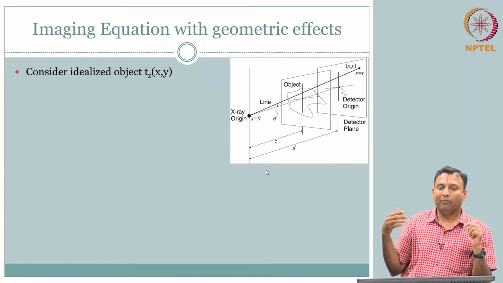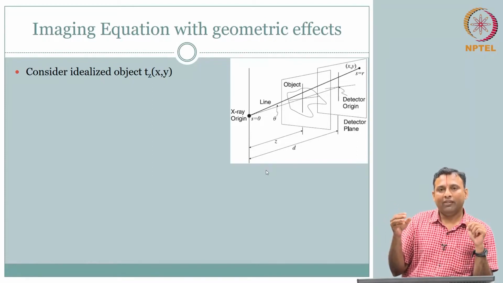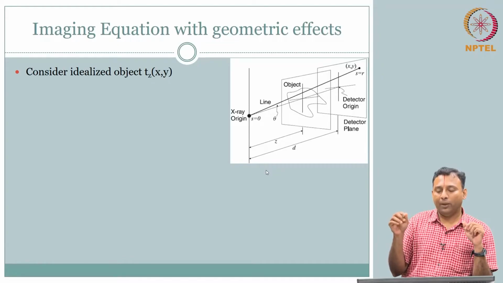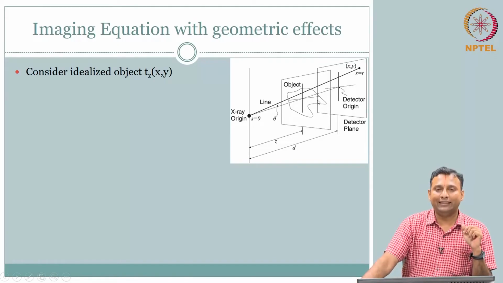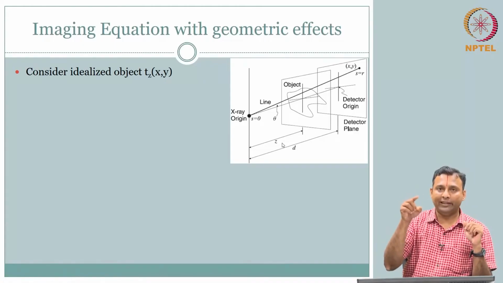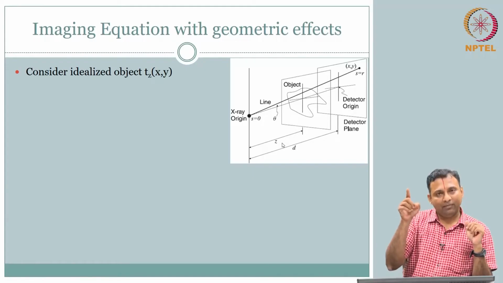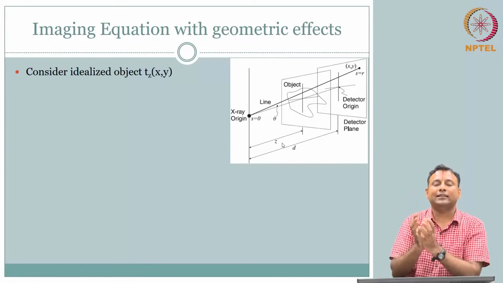So how do I make my life simple? Instead of talking about 3 dimensions, we can conveniently collapse the object to 2 dimensions, and instead of writing it as e power minus mu delta x, I can make that whole e power minus mu delta x a factor.